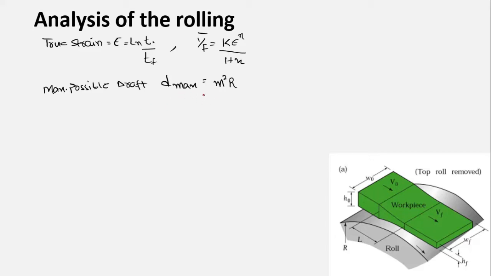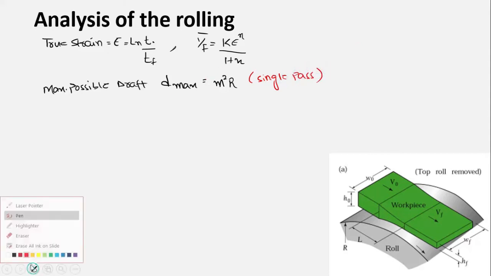This is the maximum possible draft that can be produced in a single pass. So what were the drafts? The difference between the initial and the final thickness, right?